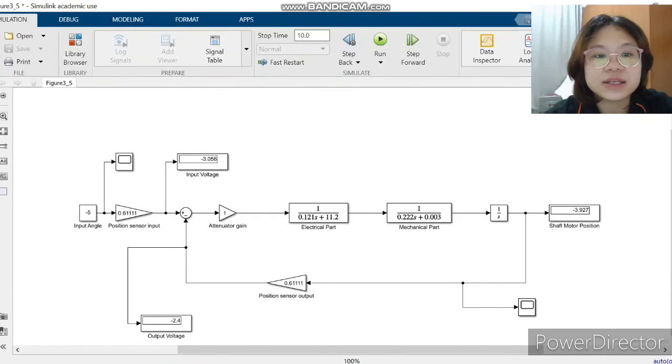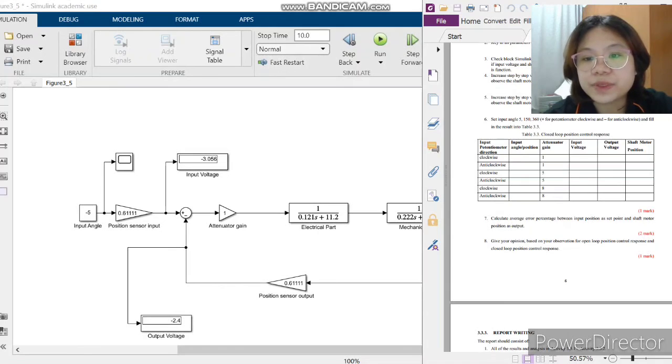We can see that the values for input voltage, shaft motor position and output voltage are negative. Then we will repeat for 150 clockwise, anti-clockwise, and then 360 clockwise and anti-clockwise, and we will record the values for input voltage, output voltage and shaft motor position in table 3.3.